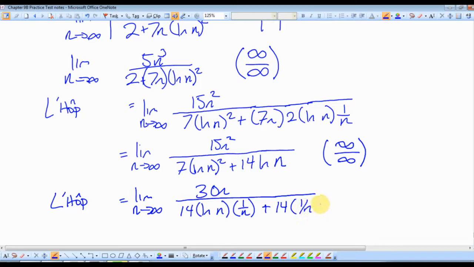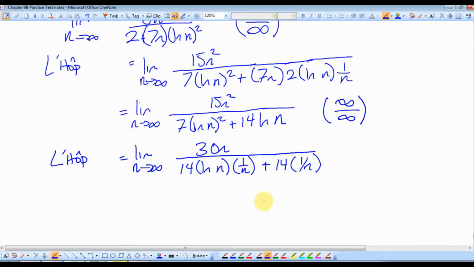Should it just be 1 over n? Because you don't have to chain rule 14 natural log n, right? Oh, my bad. Great. Now we have to multiply everything by n? Yeah. Duh.